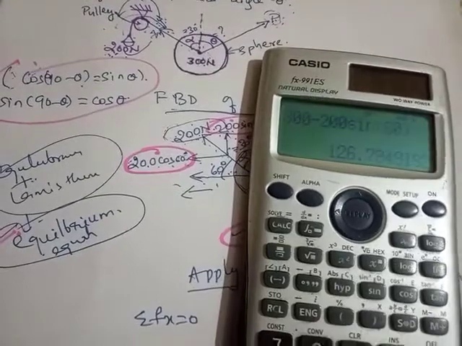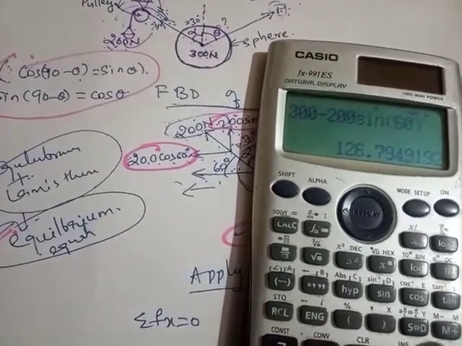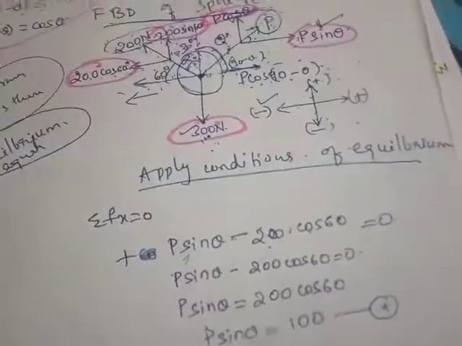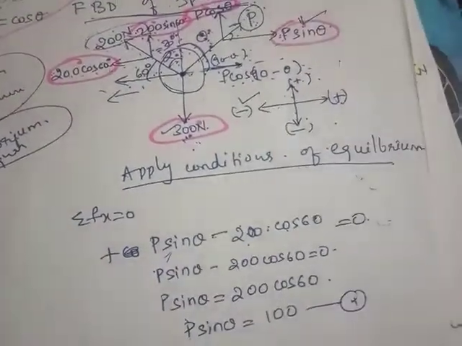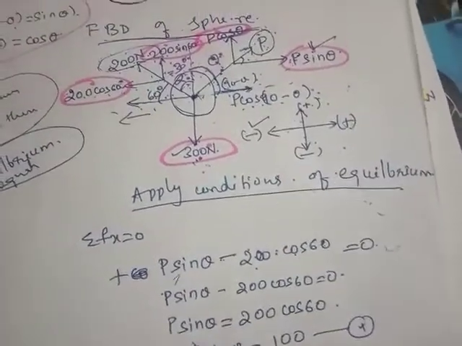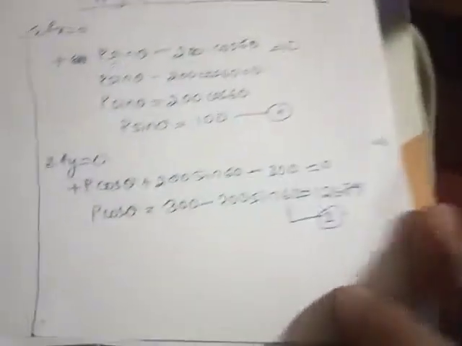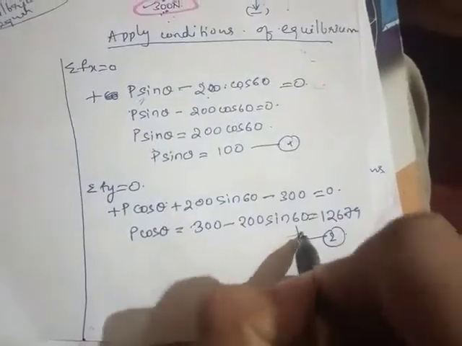Deducting these two values, you get 126.79. I call it equation 2.